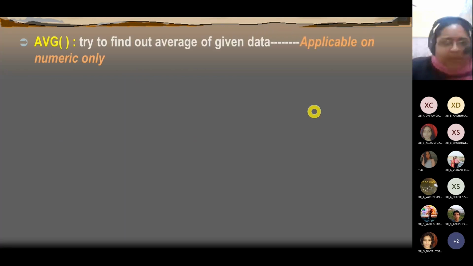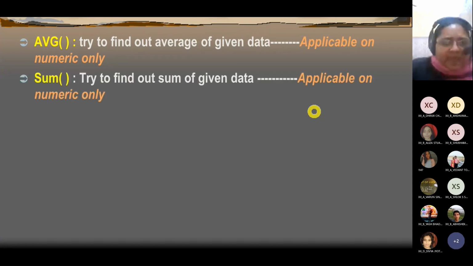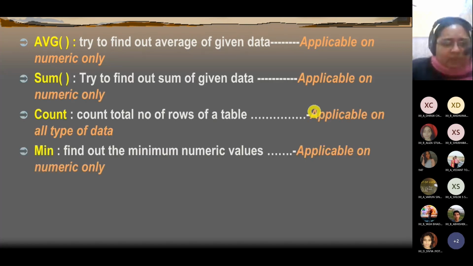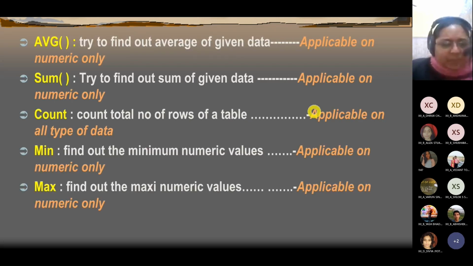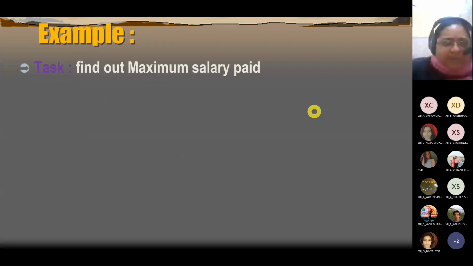Some of the functions, please make a note of these: AVG, that is average, SUM, COUNT, MIN, MAX. According to the syllabus of computer science in class 12, these five functions are sufficient.